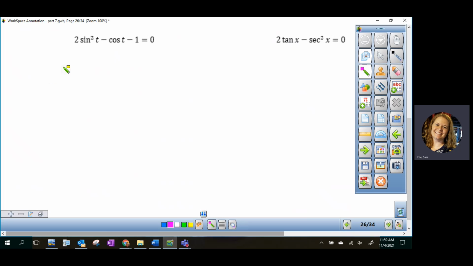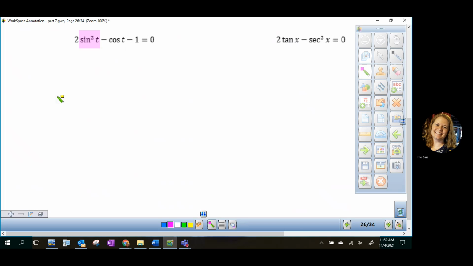Is there something that I could replace sine squared of t with to put it in terms of cosine? Remember all the identities we talked about? Is there an identity that puts sine and cosine together? There is one. Do you remember what type of identity?